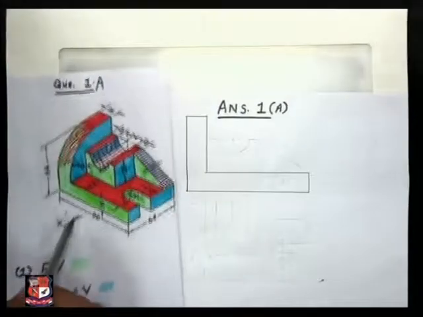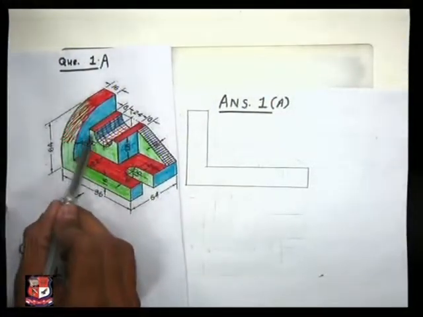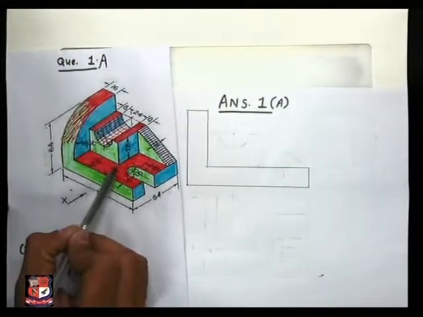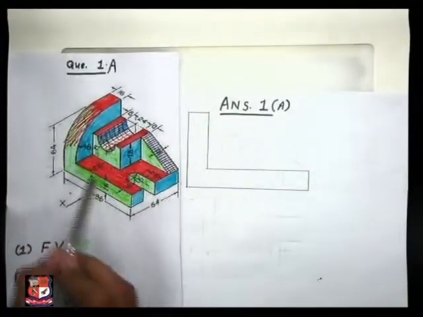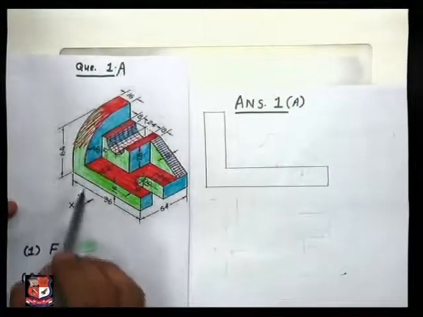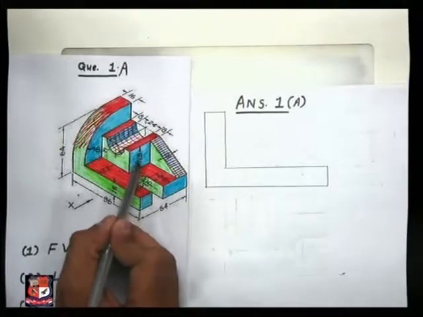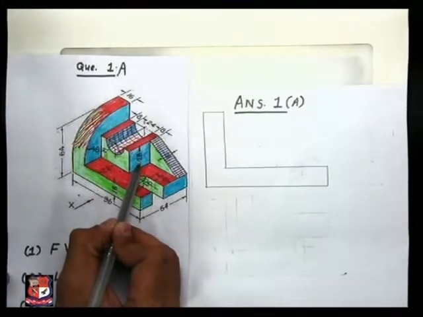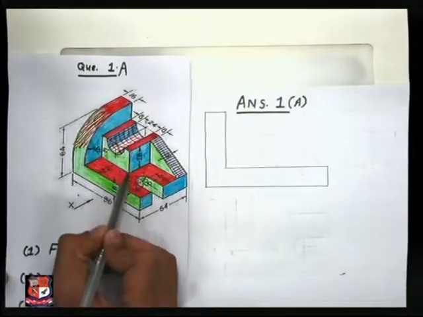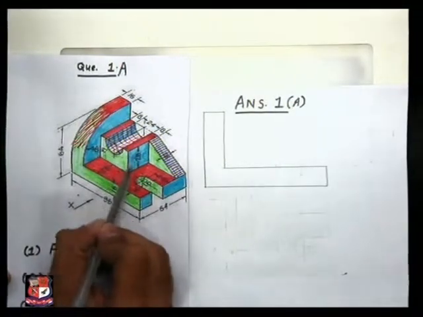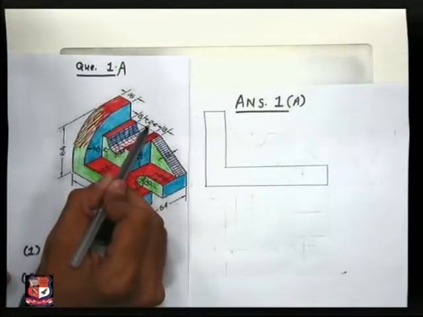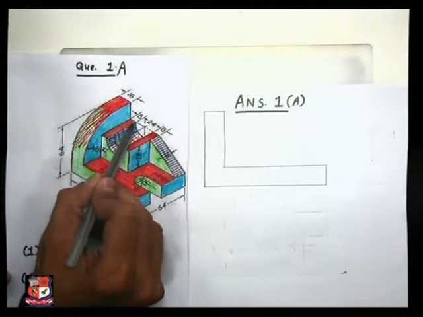Now, if you look from this direction, this particular arc would appear like this. So how to represent this arc in this front view? For that, this height is given to us, that is 28 millimeter from this base. So height of this rectangular portion would be 28. Here diameter is 24, so radius would be 12.